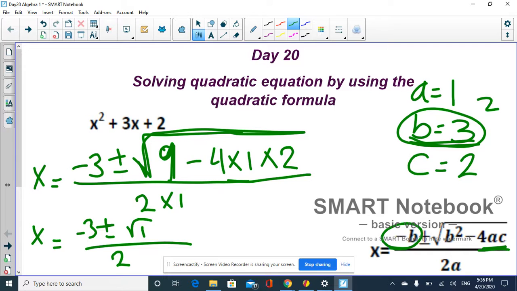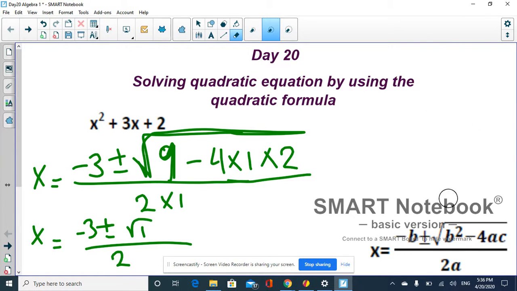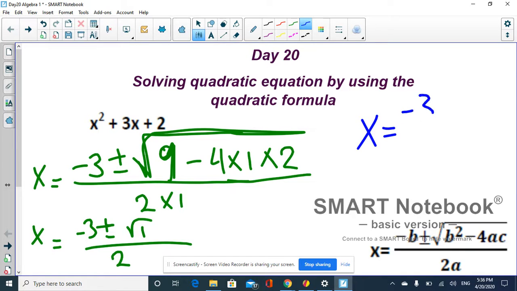Root 1: what is the number that if you multiply by itself gives you 1? Yes, that's 1. 1 times 1 is 1. That means the square root of 1 equals 1. Let's complete simplifying the other side. X equals negative 3 plus or minus the square root of 1, which is 1, over 2.